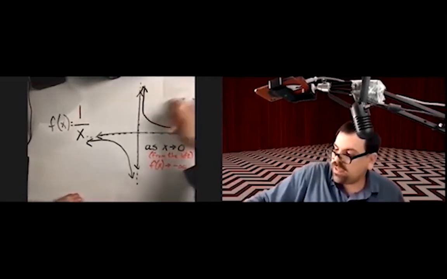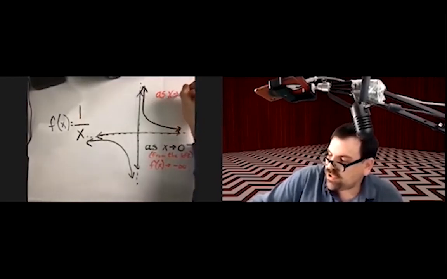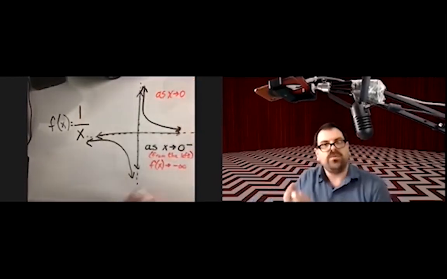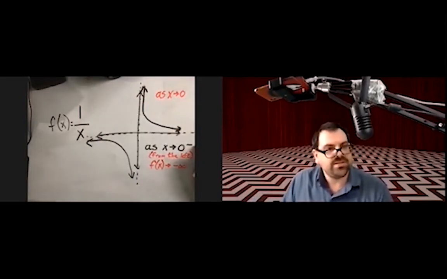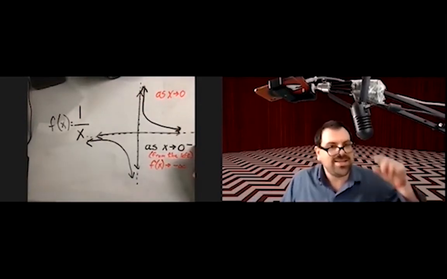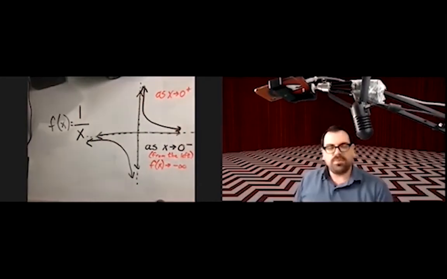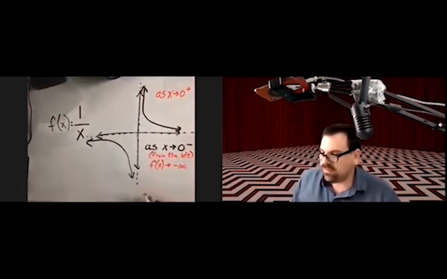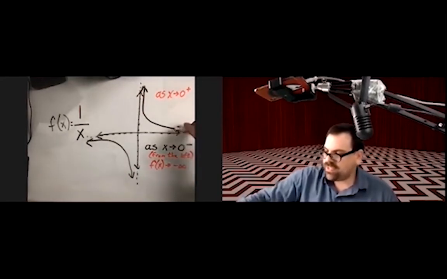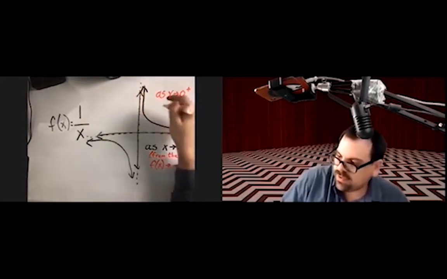What about as x approaches 0 from the right? What do you think that notation is going to be? From the left, from the negative side, was a little minus as an exponent. As x approaches 0 with a plus there means as x approaches 0 from the right. So as x approaches 0 from the right, we're swinging up.